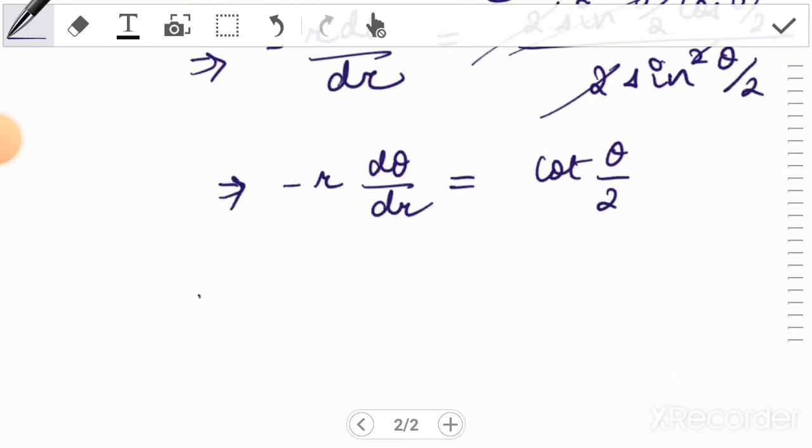Now we obtain tan theta by 2 d theta plus dr by r is equal to 0.